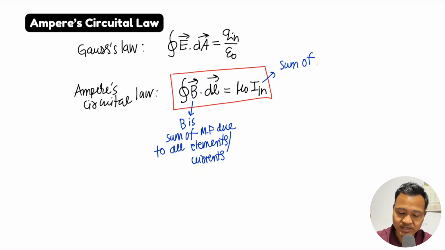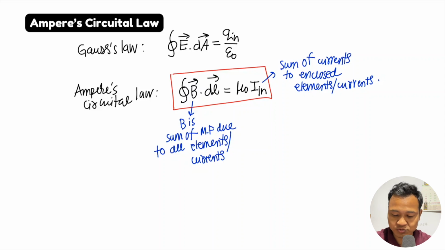But I in is the sum of currents due to the enclosed elements, only the currents that are enclosed. So B is due to all, but I in is only the enclosed current.